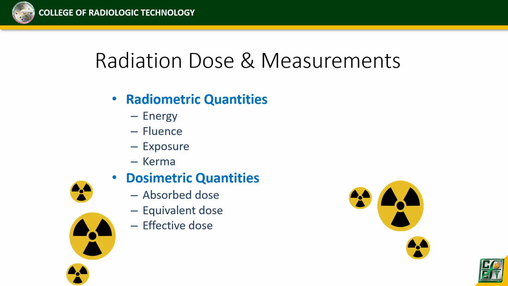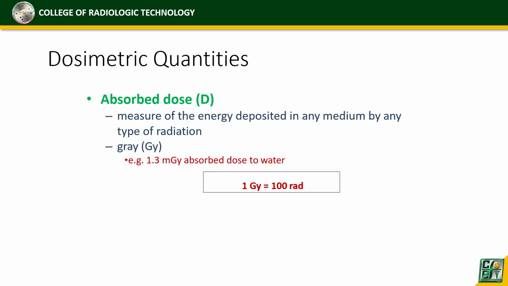So we already are done with the radiometric quantities. Now we move to the dosimetric quantities. Okay, absorbed dose. Medyo madaling intindihin kasi sinabi na agad absorbed dose.